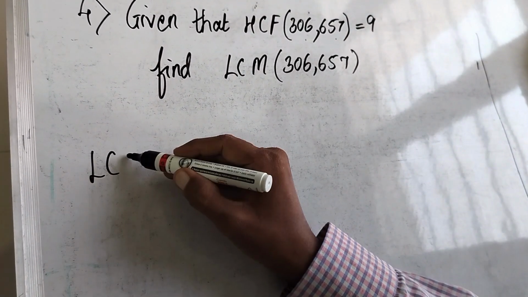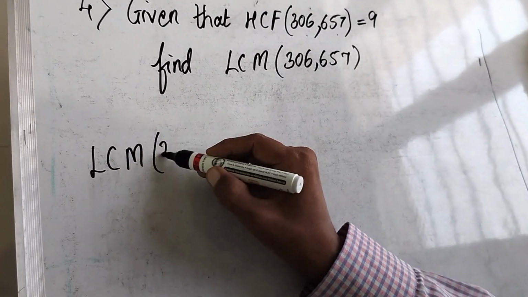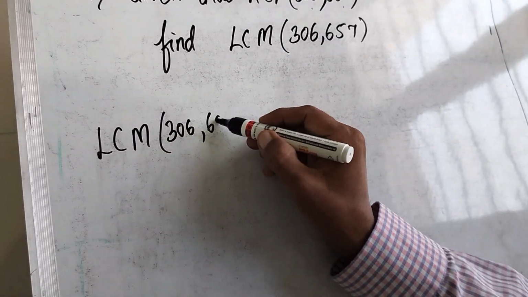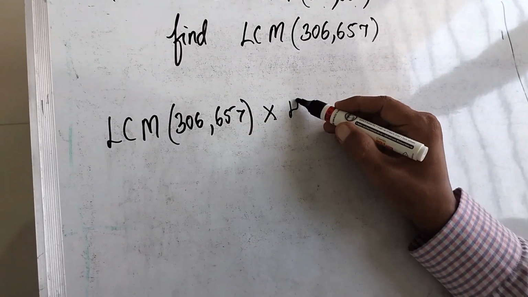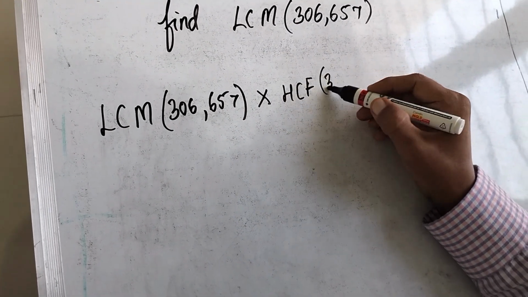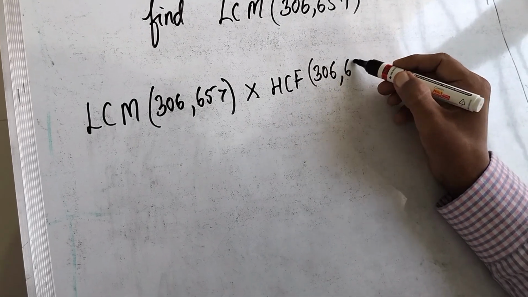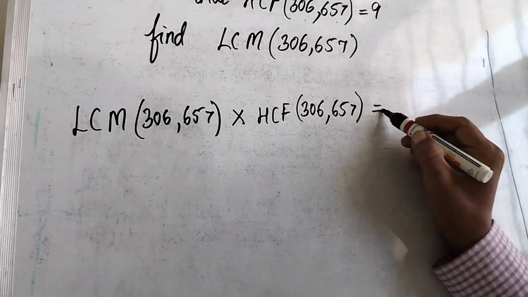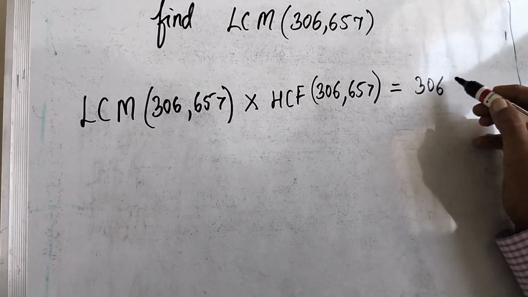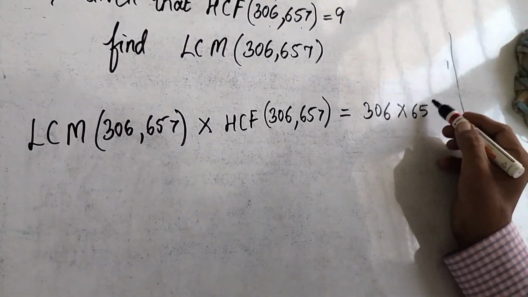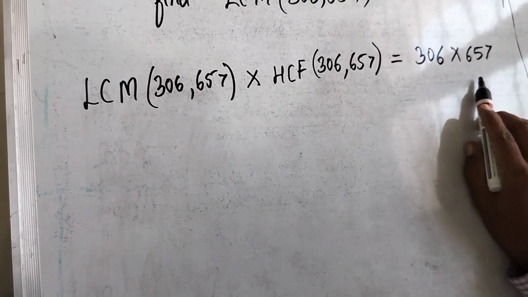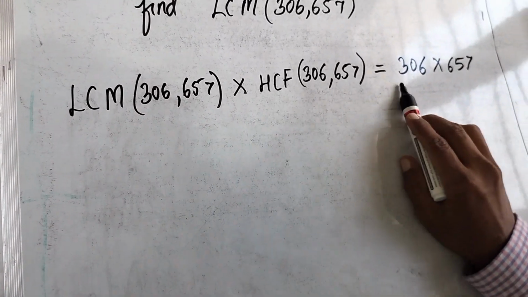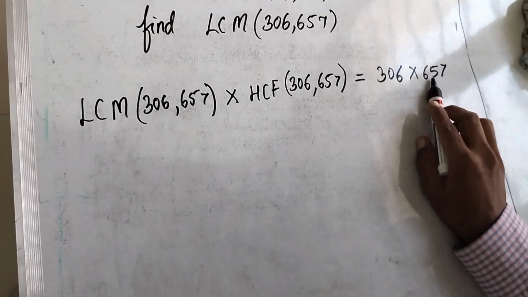So we are going to use the verification formula for those two numbers. How do we use it? The LCM of 306 and 657 multiplied by the HCF of 306 and 657 is equal to the product of the two integers. So you have this formula where LCM into HCF is the product of the two given numbers.